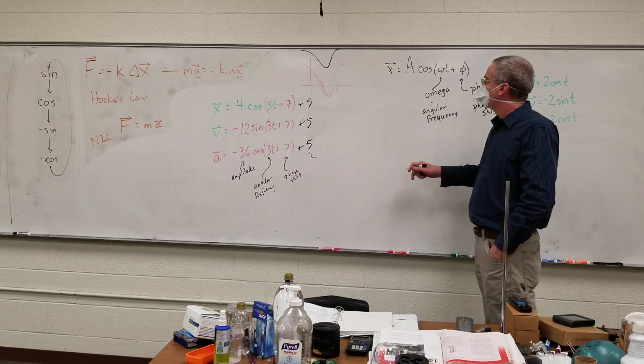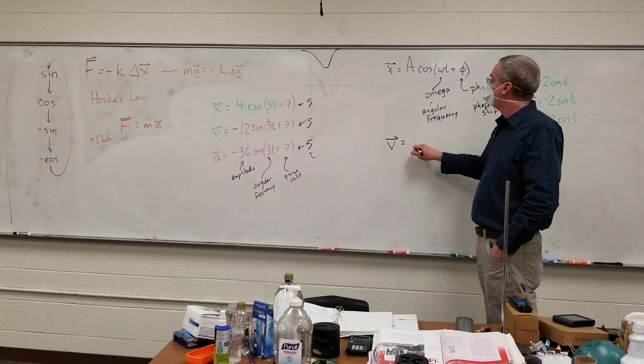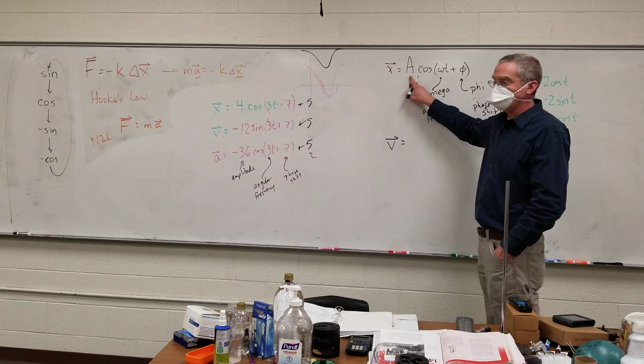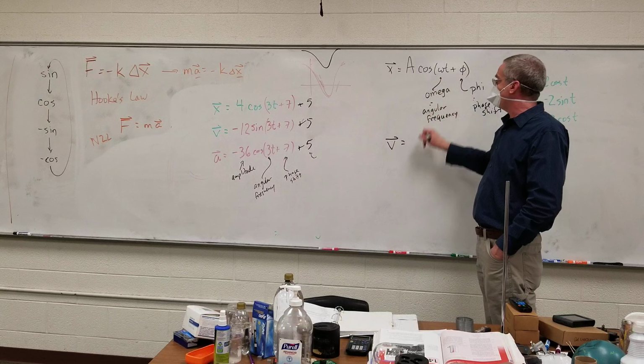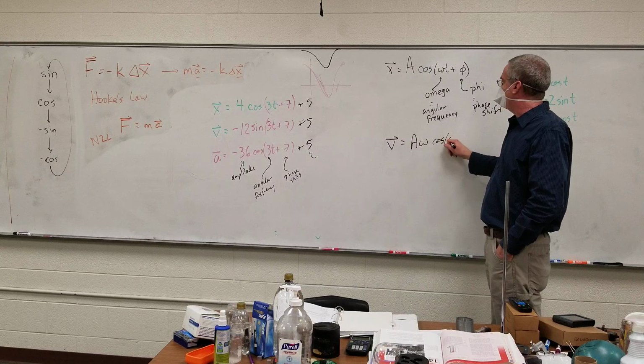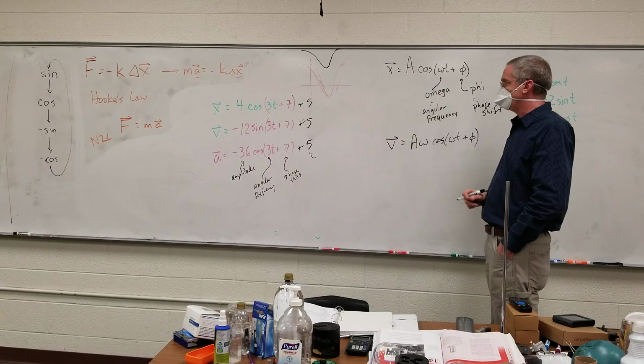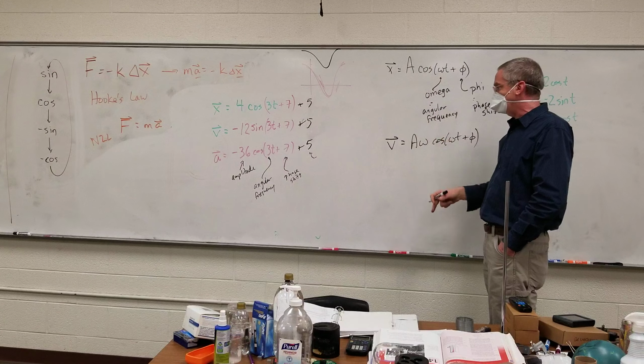So if that is my position, my velocity is, well, I got my amplitude out front, and I'm gonna multiply times whatever that is, so that's A times omega times the cosine of omega t plus phi. So I just multiply that number next to t, and then I'm gonna do it again.